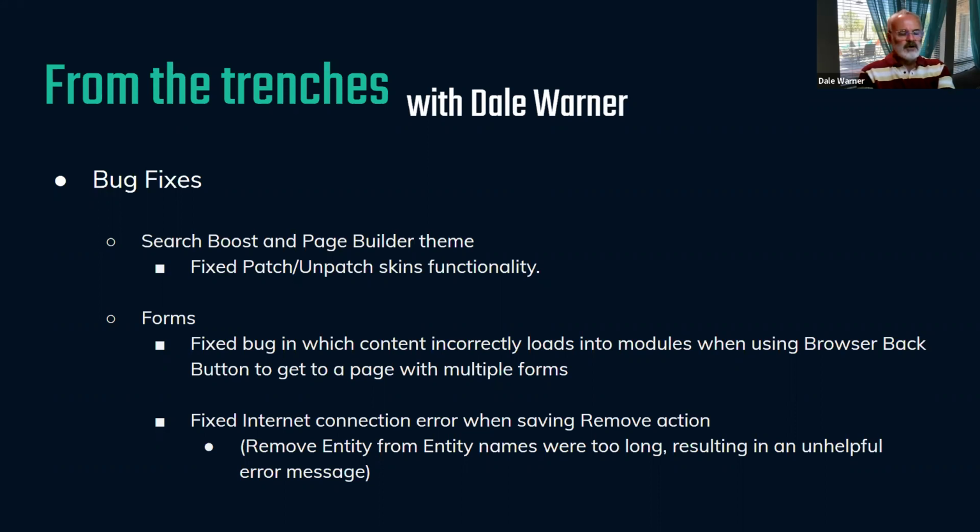The error message was something like internet connection error. It was really about the name of the action being longer than 100 characters, so it wouldn't work correctly. Anyway, a minor core thing that doesn't impact everybody, but it was found and fixed, and so that's what you'll get in these bug fixes.